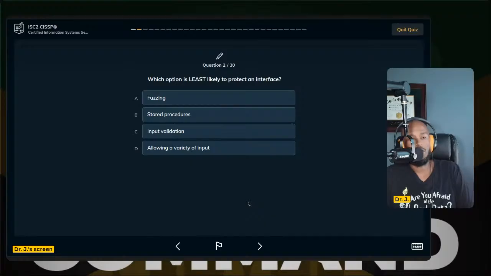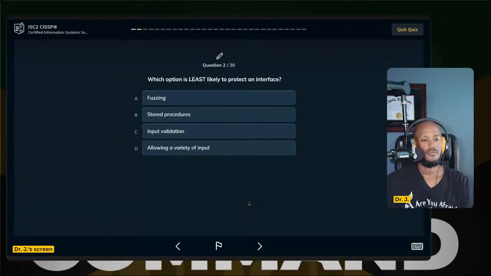All right, what option is least likely to protect an interface? Let's say Delta. I think we had this one last time.